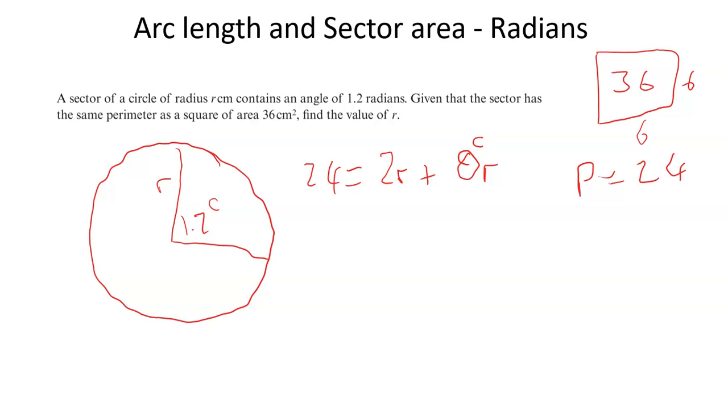And now this is just an equation, and we've got everything we need to know other than the radius. So we substitute in 1.2. 2r plus 1.2r is 3.2r equals 24, and therefore r is 24 divided by 3.2. Nice and straightforward.